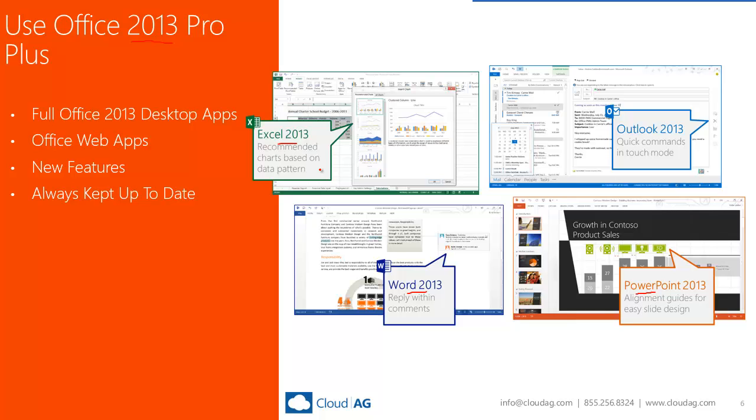Through your subscription, you also have availability to Office web apps, which means that you can go to any machine that you can get to the web, and you could open up one of your documents that's saved in SharePoint or OneDrive and click on it, and it will open up that document. Even if that machine does not have Office installed on it, it will open up the documents in the browser version or the web apps for Excel, Word, PowerPoint.